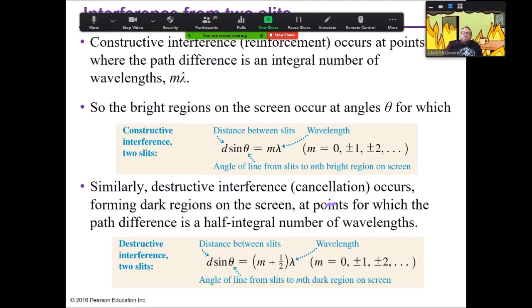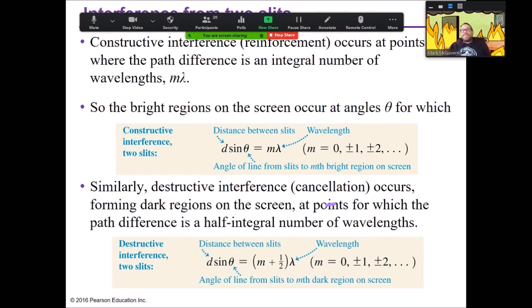All right, let's put it together here. The bright fringes on the screen are going to be indicated by d sine theta equals m lambda. Remember, d is the distance between the slits. Sine theta is part of that triangle there. d sine theta is the path length difference, which if it is equal to integer multiples of your wavelength, you've got constructive interference, you have bright fringes.